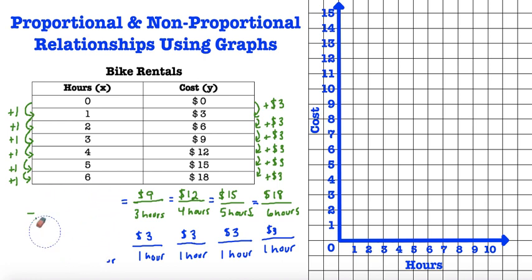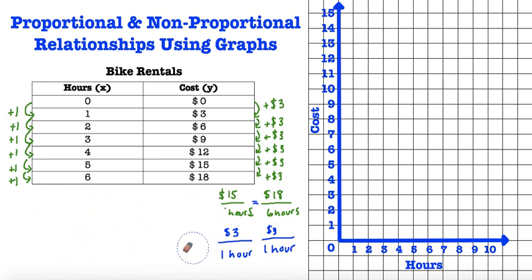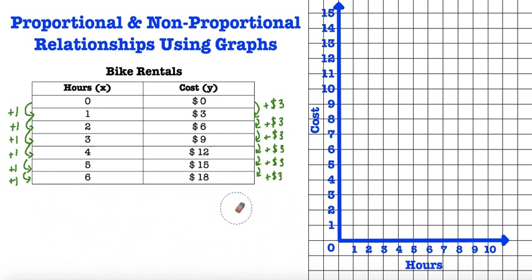So we could erase this. So our constant of proportionality is 3. And if we wanted to write an equation, we'd write y equals 3x, because x represents the number of hours, 3 represents the cost per hour, and if we take the hours and multiply it by 3, we'll always get y.